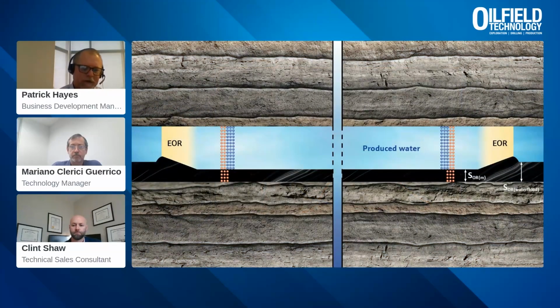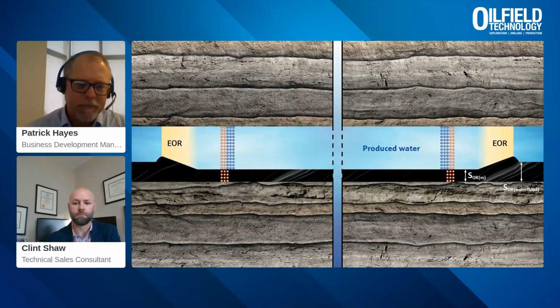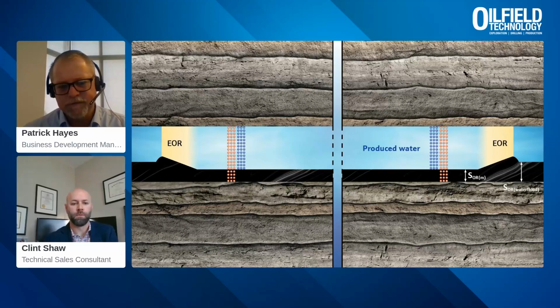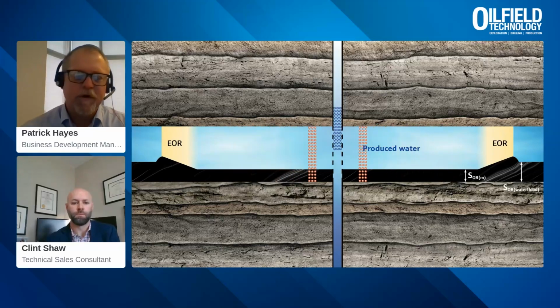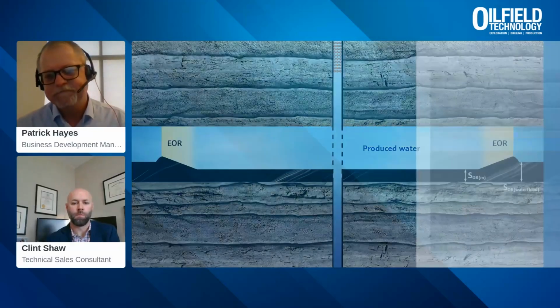So in this particular case, again, we use some different types of proven software to calculate the remaining oil saturation. So I'm ready to move on to the next slide there, Elizabeth.